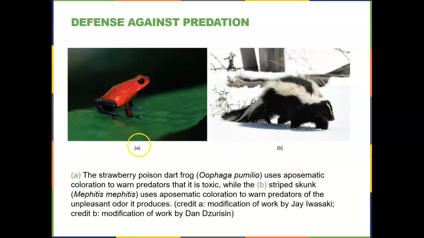For example, we have this strawberry poison dart frog, which has a very, very bright color, and that's going to warn predators that if you eat me, I'm going to make you sick. Eating these frogs will be toxic to the predator.